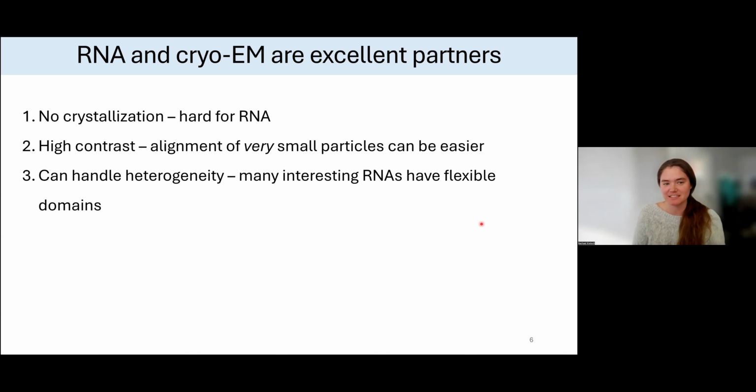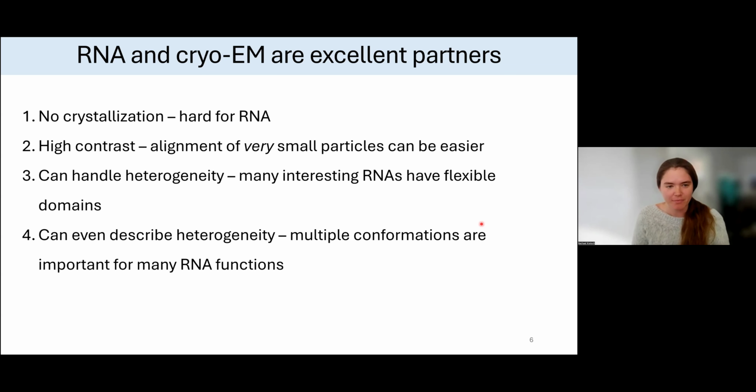Cryo-EM is great for RNA because it can handle heterogeneity. So many RNAs have flexible domains, and that's inherent in their function in many ways, making them hard to crystallize, but cryo-EM can kind of deal with that for us. And the bonus to that is if our RNA is large enough and we have enough quality data, we're able to actually describe that heterogeneity.